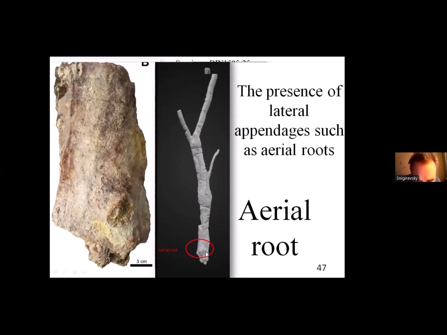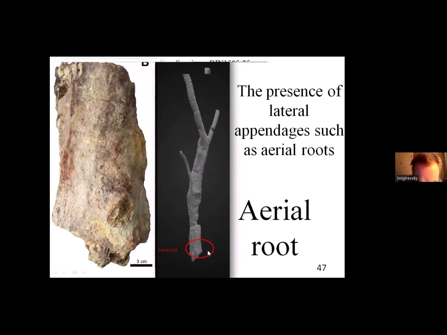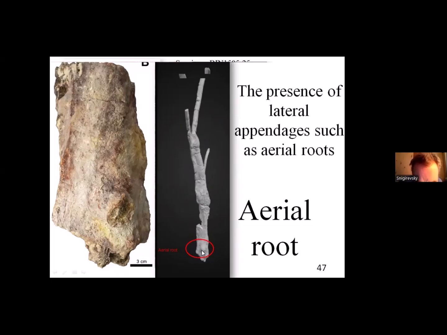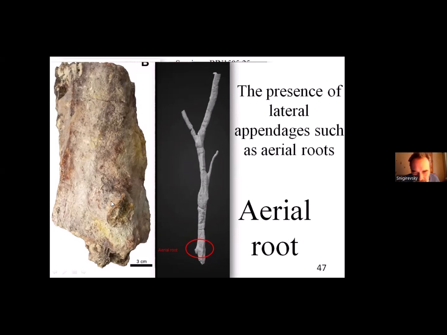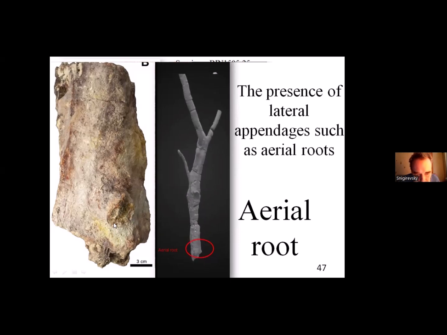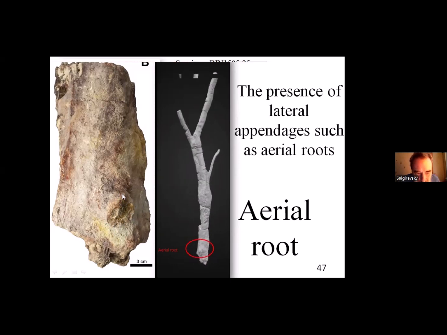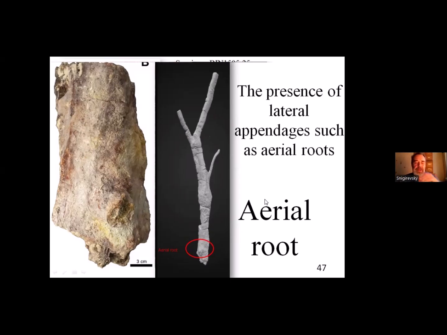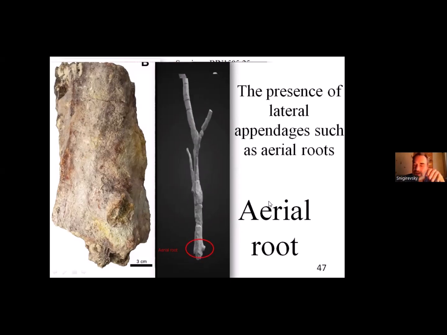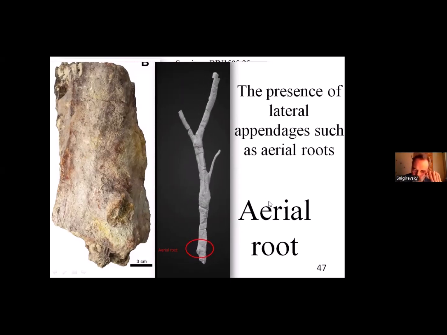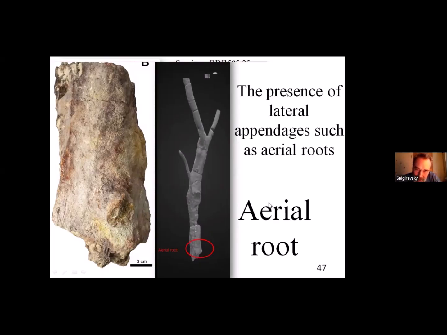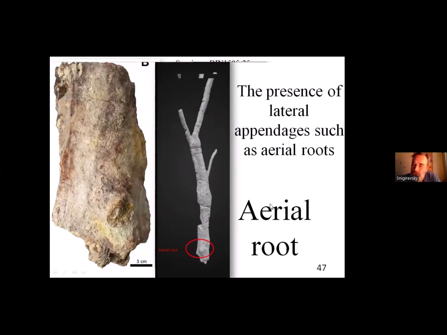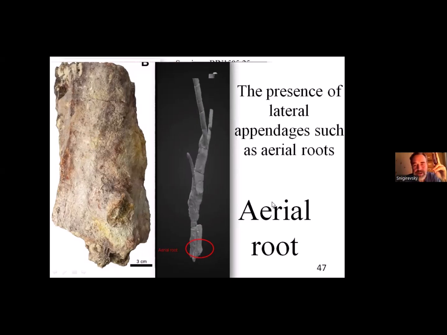Here you can see this piece of maybe an aerial root, because this branch, not branch, yeah, is going out, going down, not up, on this stem.